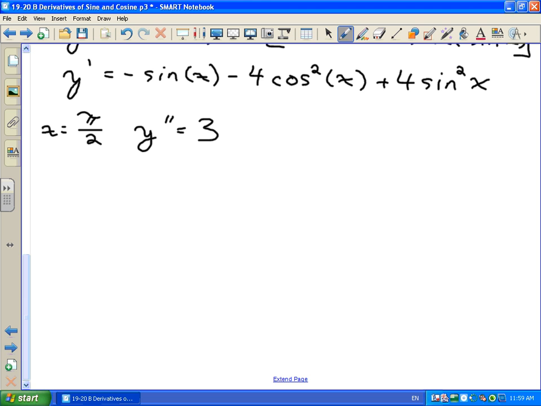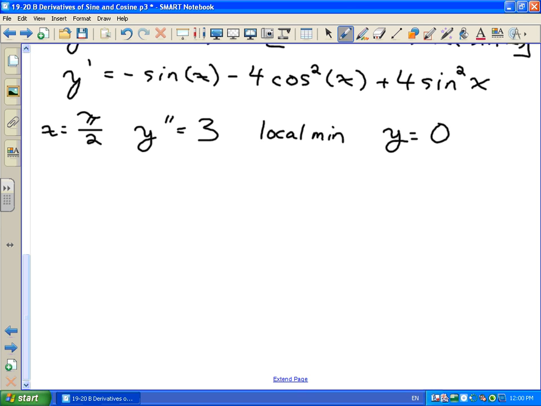So if y double primed is 3, this is positive, which means we have a local minimum. Okay? And we can work out what our y value is from our original function. And you work that out, and you get a y value of 0.